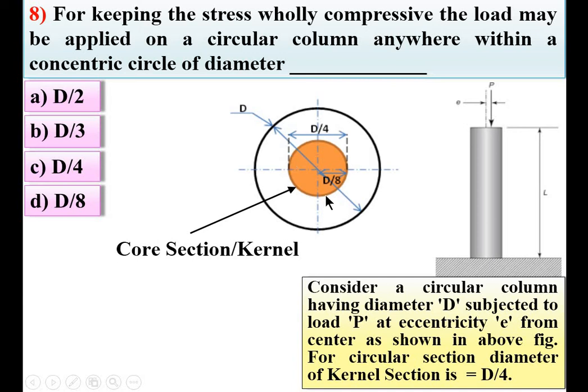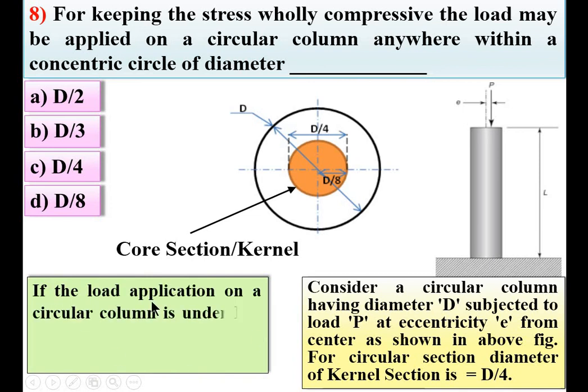So this portion is known as the core section or kernel. So if the load application on a circular column is under d by 4, that means under this circle, the stress will be wholly compressive. So C is the right answer.